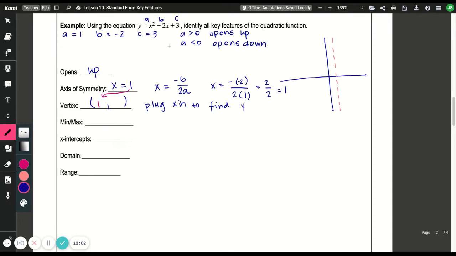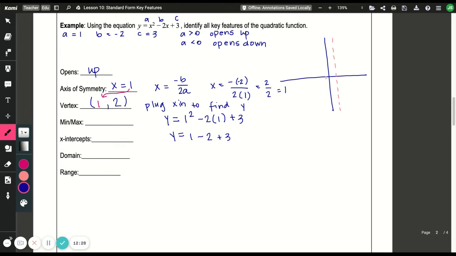Right, so we have our equation up here. y equals x squared minus 2x plus 3, but our x is 1. So 1 squared minus 2 times 1, plus 3. So 1 squared is 1, minus 2 plus 3 is 2.